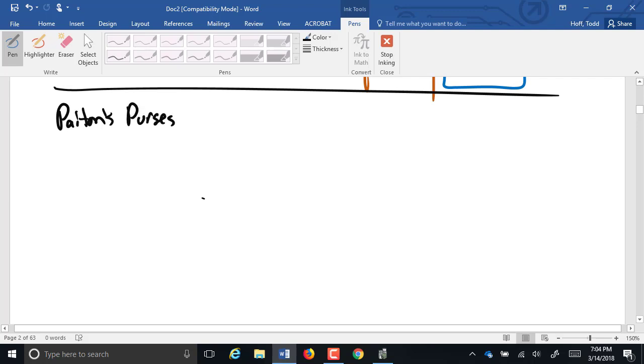Peyton's Purses uses a 45% markup on selling price.